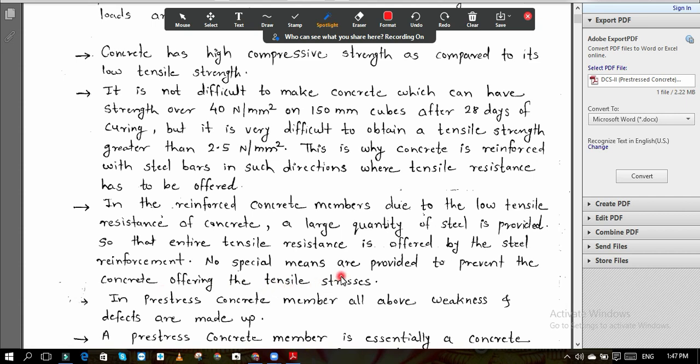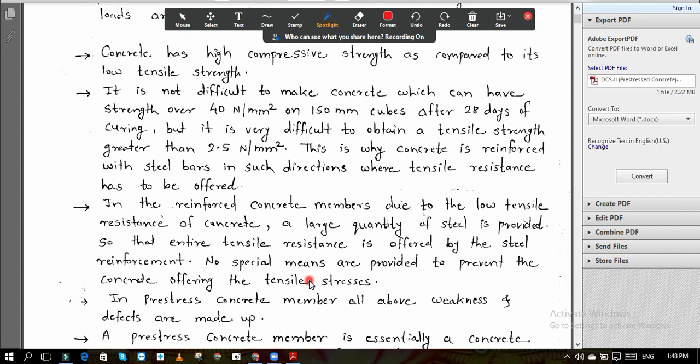Here what they have said is that if you take any normal RCC beam, it is made up of concrete and steel. What is the role of concrete there? Concrete will take the compressive stresses. What is the role of steel? Steel takes the tensile stresses.